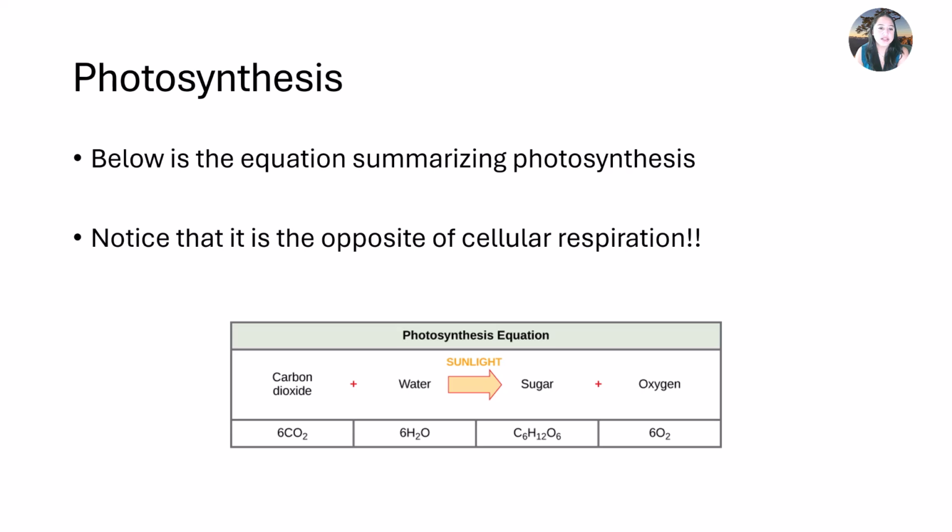Below is the equation summarizing photosynthesis. If you notice, it's the exact opposite of cellular respiration. In this case, plants take in carbon dioxide and water. If you have houseplants, you need to give them water because that's what drives photosynthesis. If you don't water your plants, you'll notice they die.